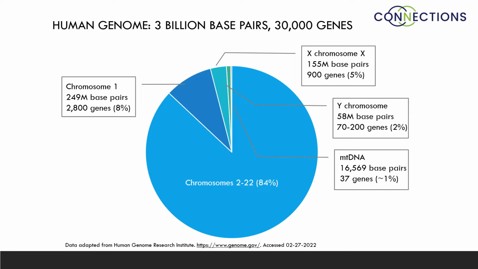For comparison purposes, chromosome 1, which is the largest chromosome, contains roughly 249 million nucleotide base pairs and accounts for about 8% of the human genome, while the Y chromosome, which is the second smallest chromosome, contains about 58 million base pairs, translated roughly into 70 to 200 genes. In contrast, mtDNA is comprised by only 37 genes and accounts for 1% of the human genome.